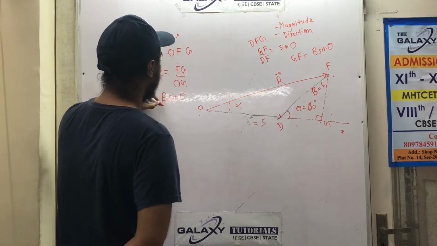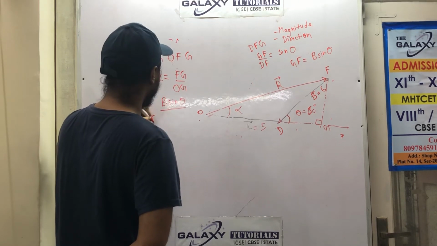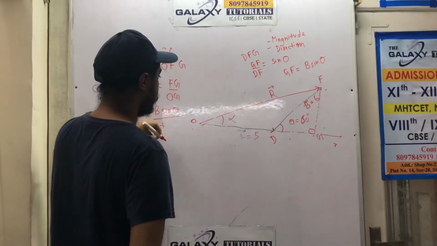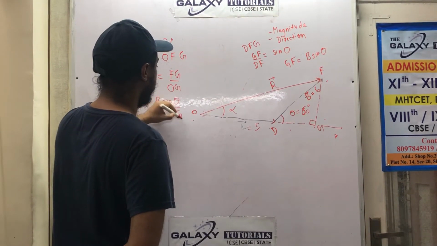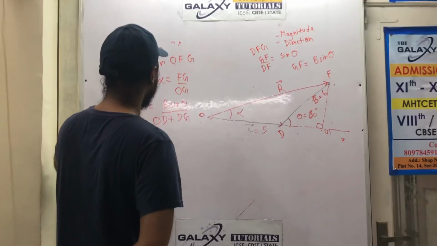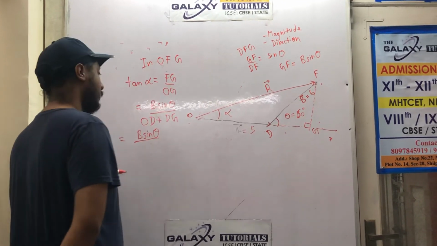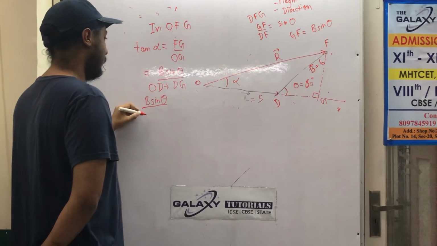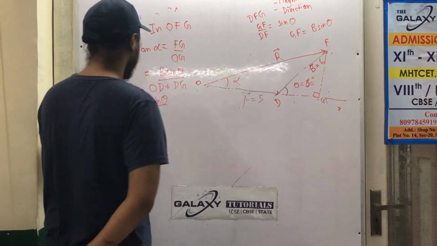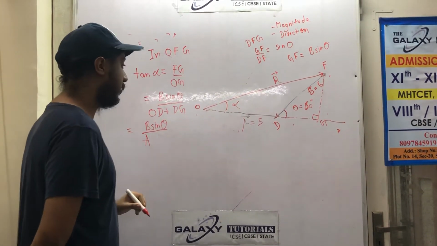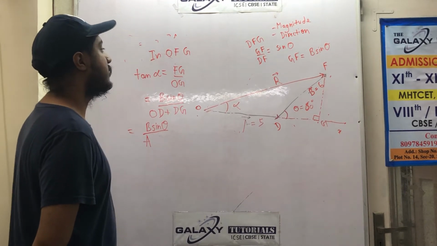And OG you can write as OD plus DG. So it will be B sin theta upon, what will come here? Instead of OD you can write A, because you remember it was A here. And what was the value of DG?